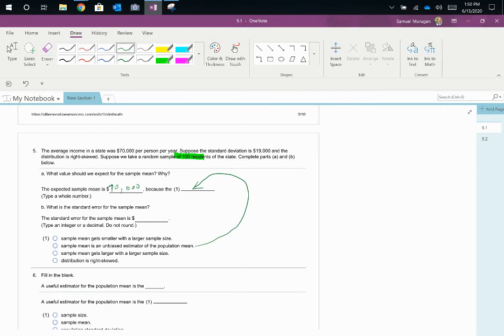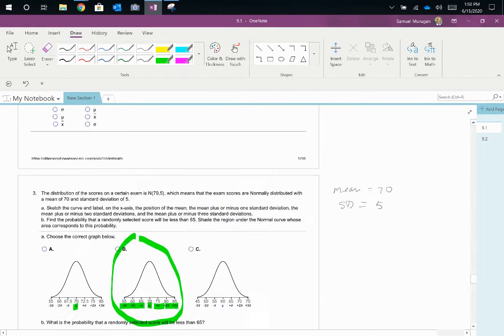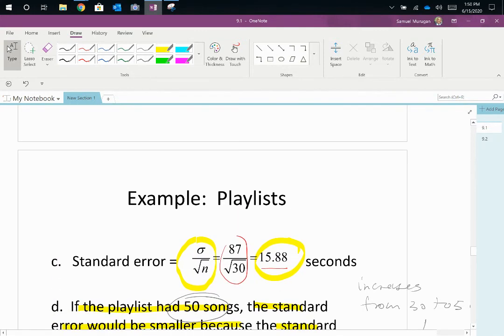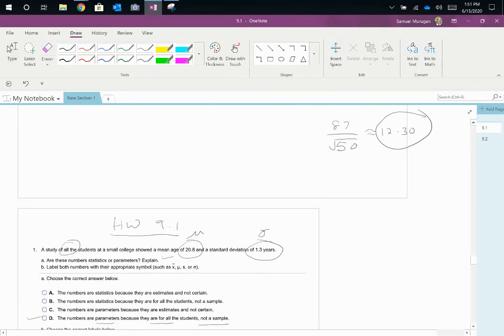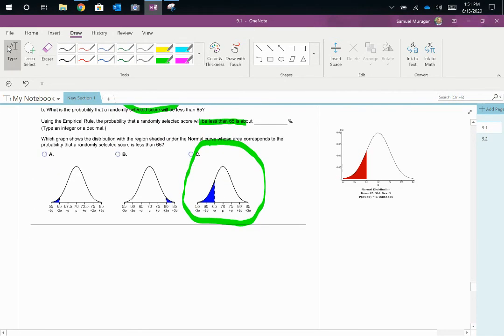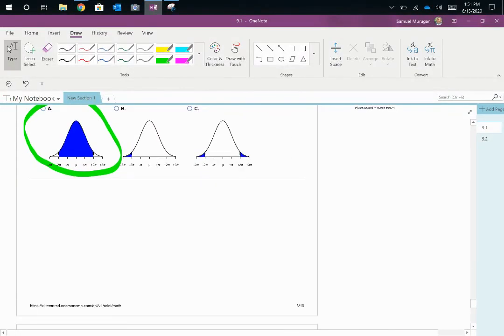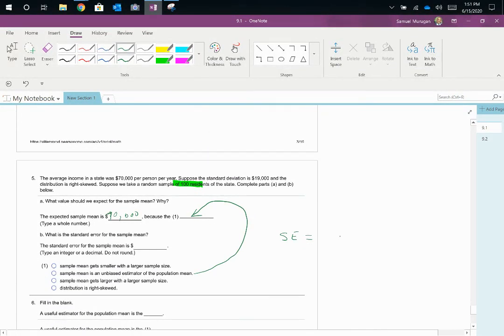What is the standard error of the sample mean? Remember the formula: standard error is equal to sigma divided by the square root of the sample size.